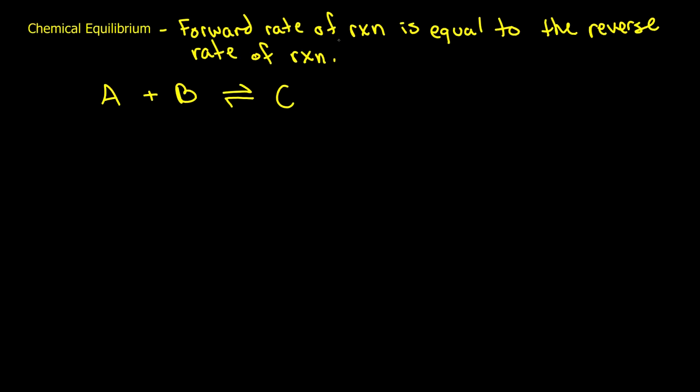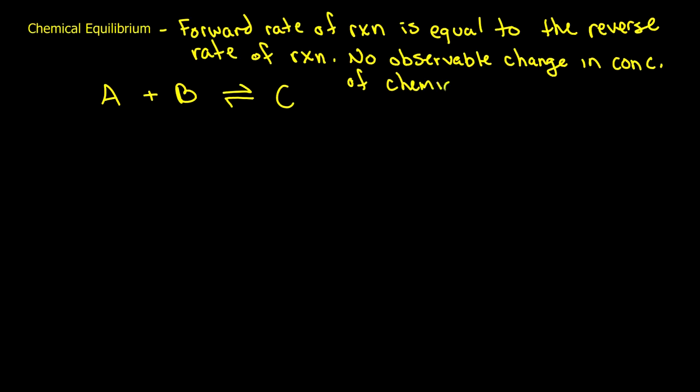That means you will not see any observable change in concentrations of chemical species. The species being, in this case, A, B, and C.